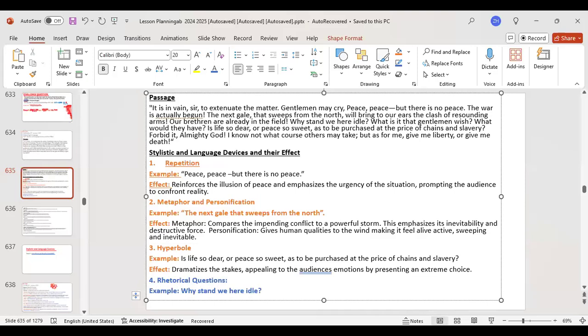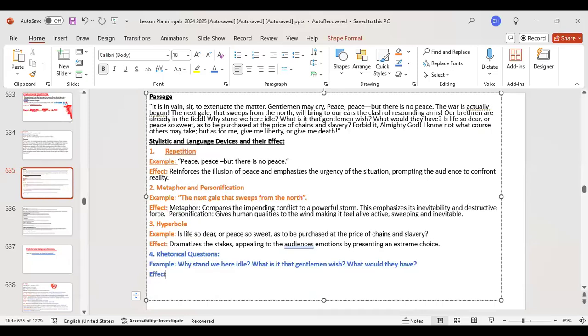"What is it that gentlemen wish? What would they have?" So what is he doing by these rhetorical questions? What effect is he trying to produce?